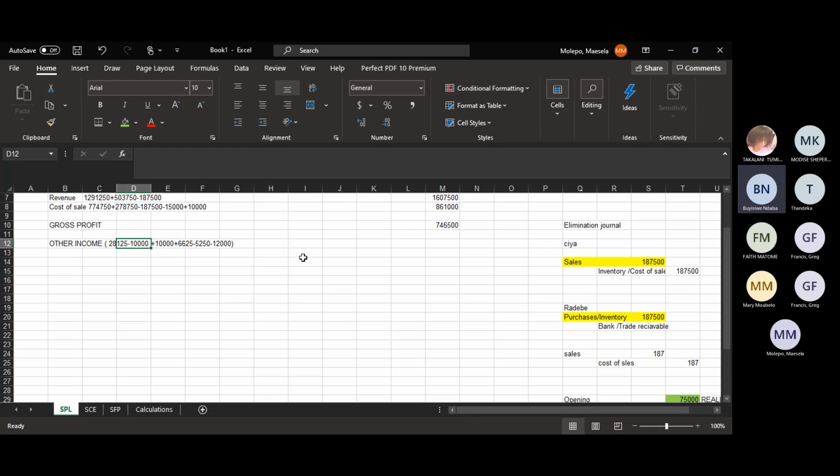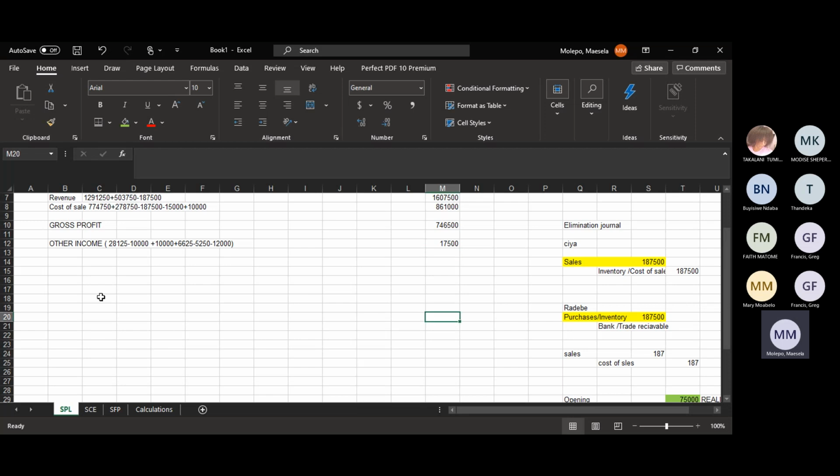And less, it's 6,625 less 5,250. Yeah, it's 500. Okay. 17,500. So your other income is 17,500. I guess the other one they are following it.